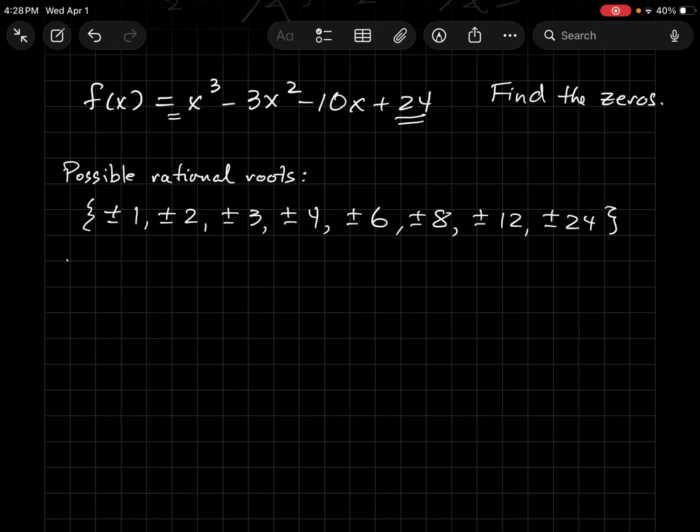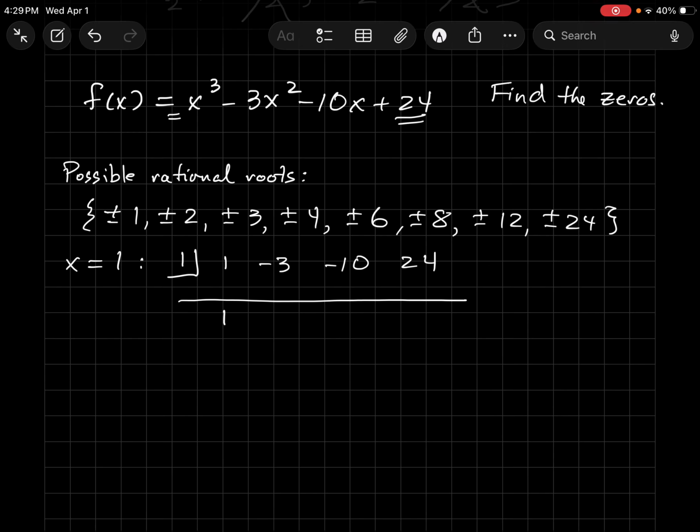So let's check. Is x equals 1 a solution? Let's do synthetic division. I'll put the 1 right there. And then I'll put my coefficients of my polynomial, making sure I have a coefficient for every power, including ones that are left off. Let's do synthetic.